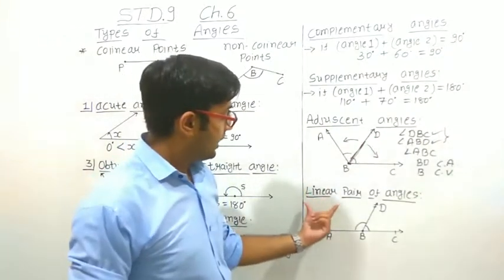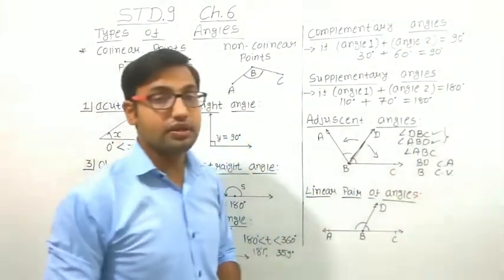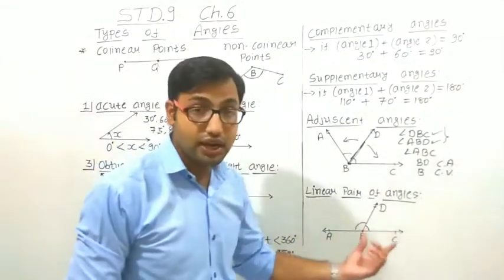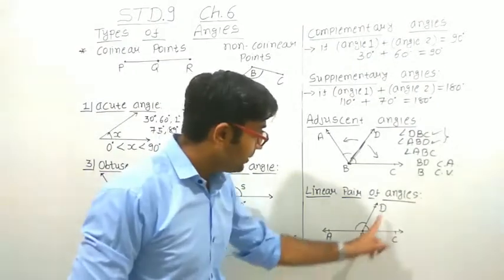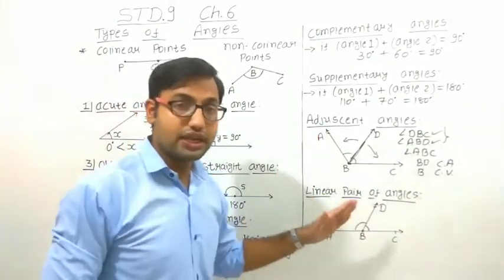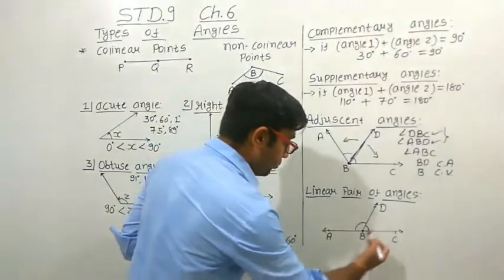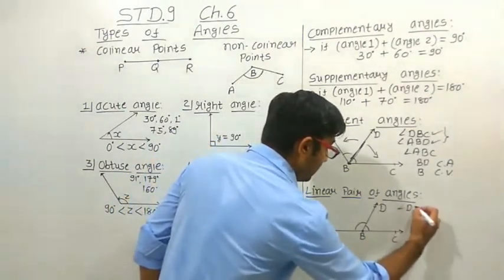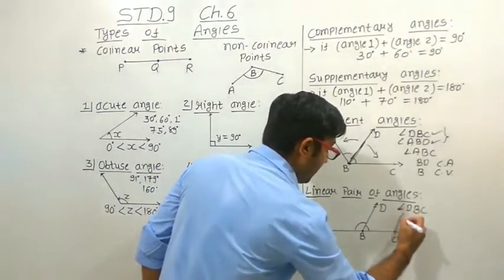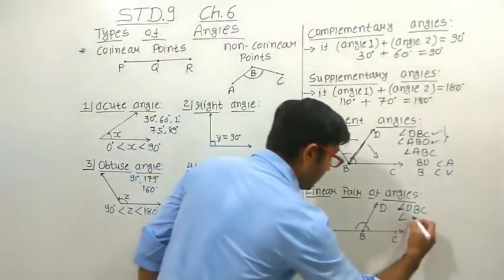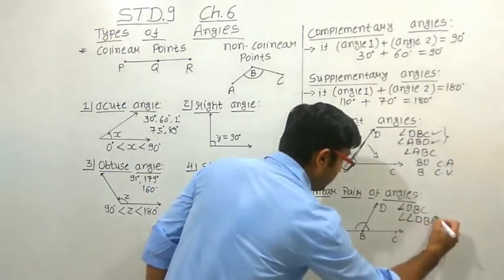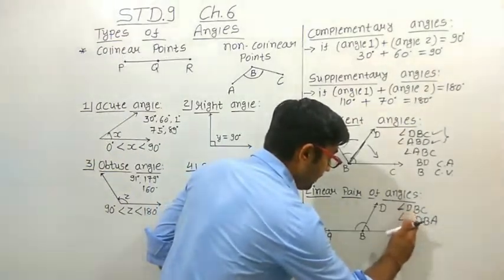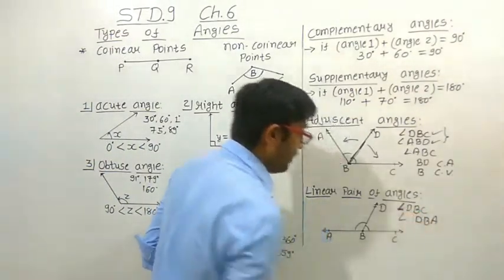Okay, and the next terminology is linear pair of angles. Suppose there is a straight line AC, and one ray BD stands on that straight line. Then you can see that two angles are formed here, angle DBC and angle DBA.